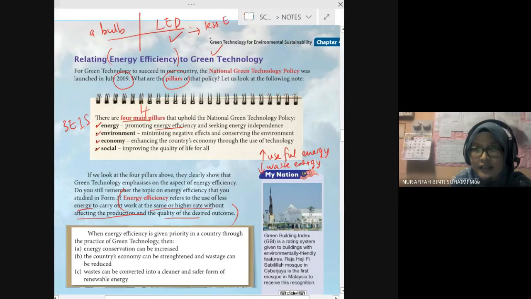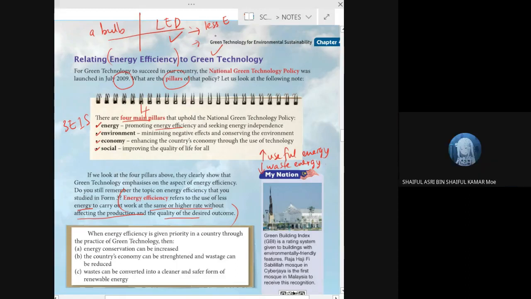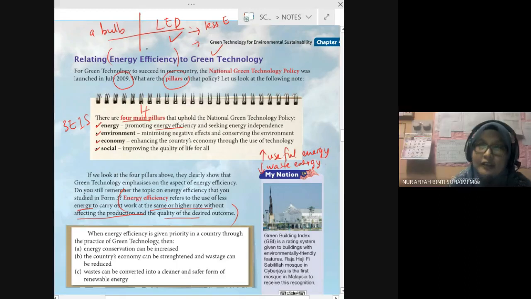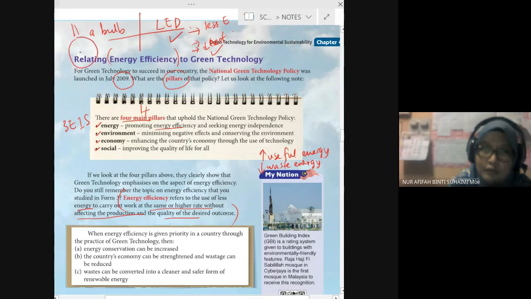Less energy. Even though LED uses less energy, it produces brighter light, right? Dia punya cahaya lagi terang compared to bulb. And also it produces less heat than a bulb. Kalau bulb biasa yang bulat tu, okay, got a filament here.